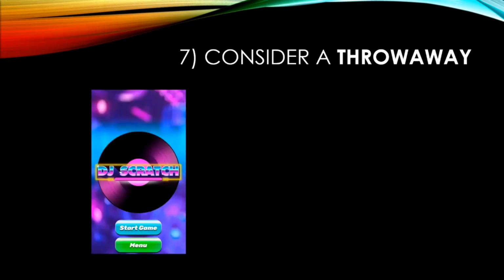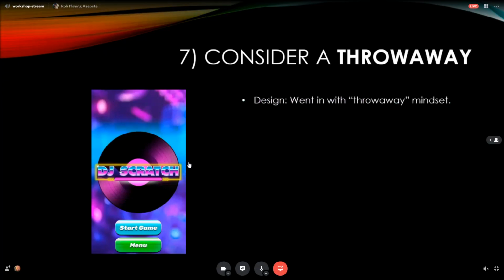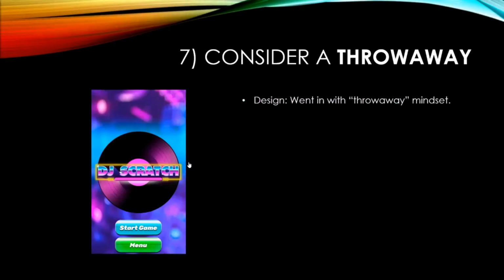To apply this to DJ Scratch, on the design side, we went in with a throwaway mindset. So that meant I actually ended up using the code that I wrote for the Phaser side of things, but I went in loose and I was expecting to maybe throw it away. So I was uninhibited until I needed to be.